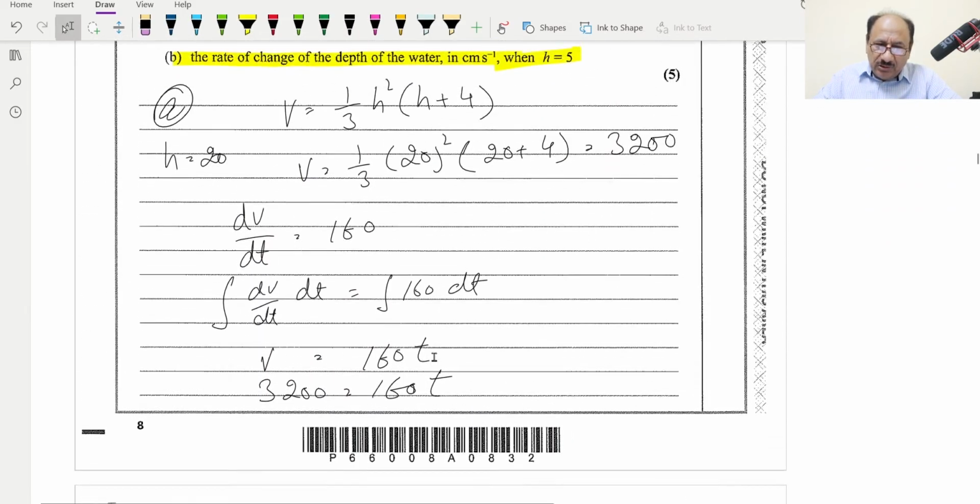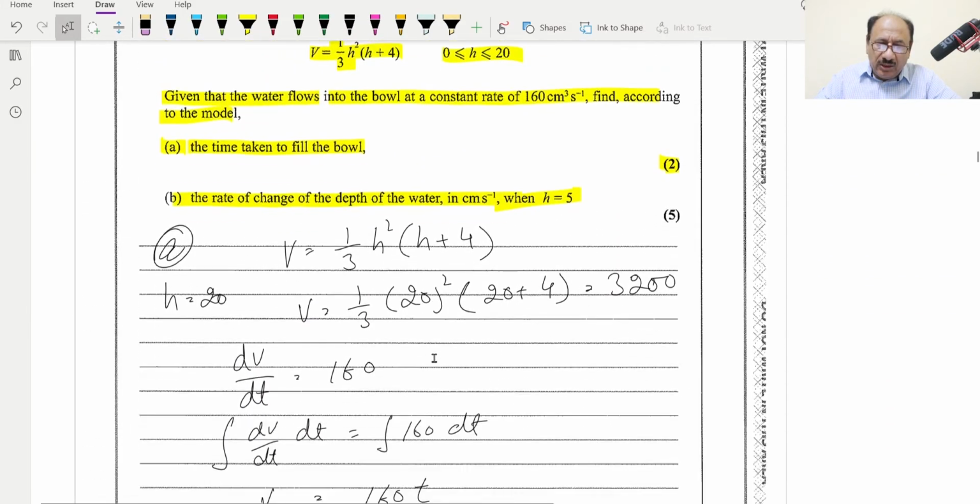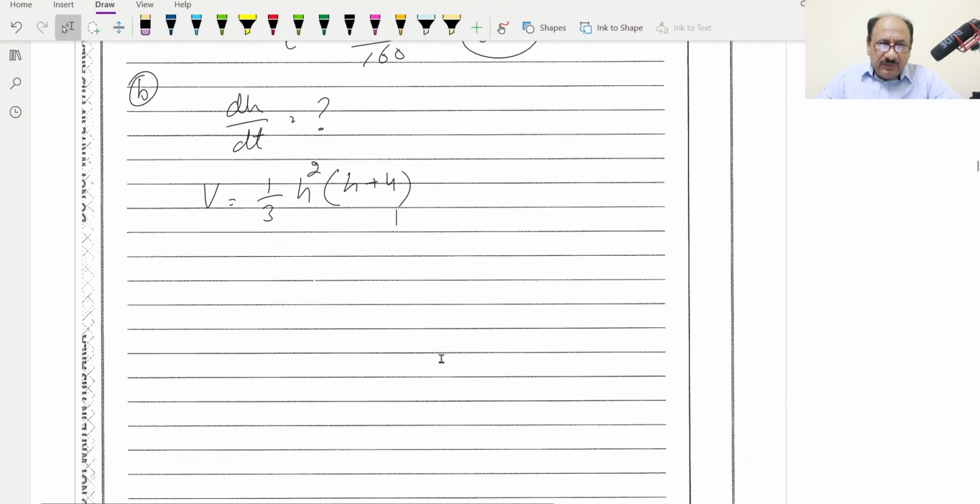This is the equation which is given, which we are utilizing, and we can separate this. We open the bracket, so it will be h cubed over 3 plus 4 by 3 h squared, and now we can take the derivative.